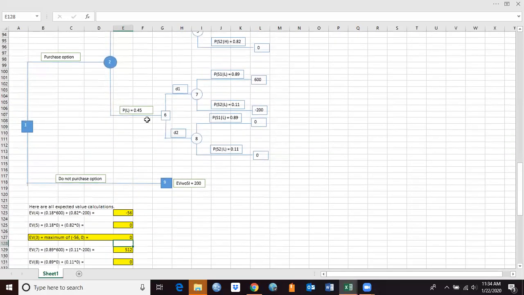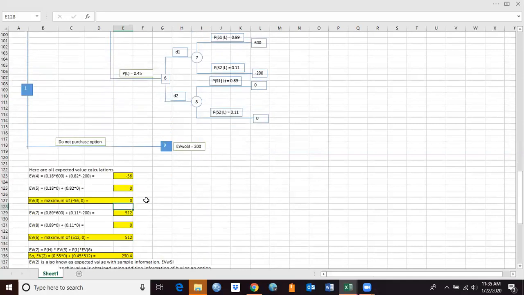Likewise, we need to find the expected value at 7 and 8. Node 7 is going to be given by 0.89 times 600 plus 0.11 times minus 200. So that's how you're going to do it here. 0.89 times 600 plus 0.11 times minus 200, which is 512.